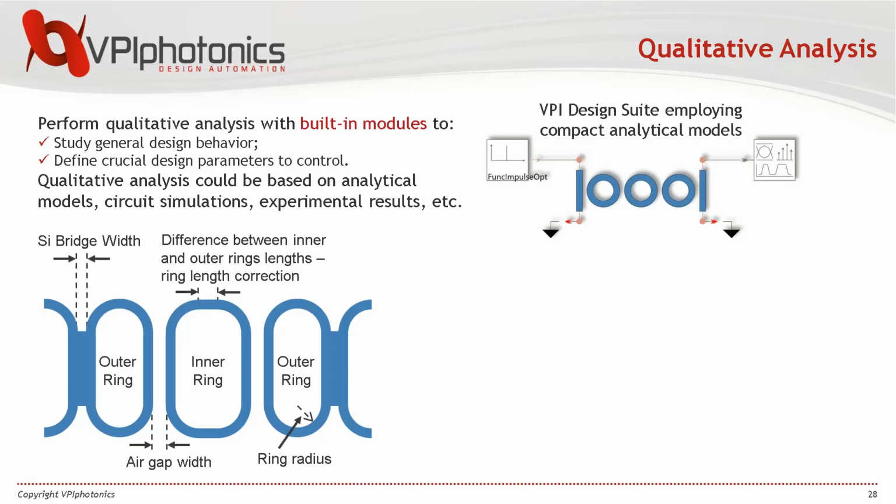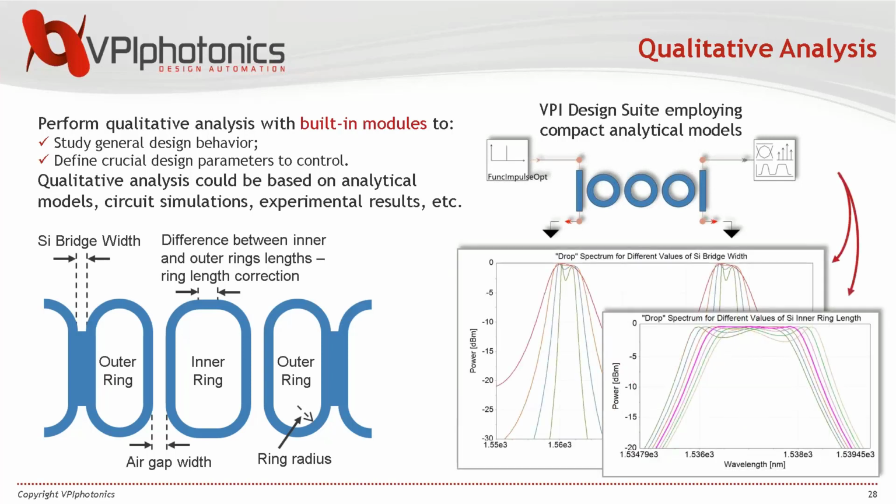So we created a circuit with our built-in models, which use some analytical models, sometimes very simple. A coupler could be characterized just by one number, the coupling coefficient. And we perform these simulations, which are really fast. It takes just a few seconds because the models are pretty simple, but still this gives us a good idea of how to move further.